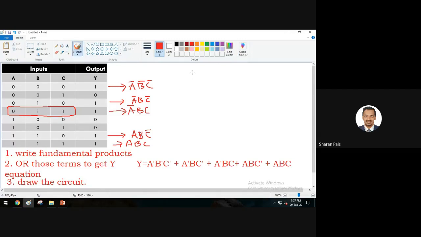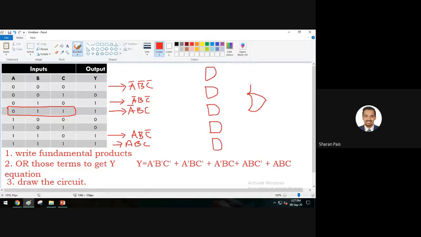So I need 1, 2, 3, 4, 5. So I need 5 AND gates and 1 OR gate. So first one, second one, third one, fourth one, fifth one, then OR gate.